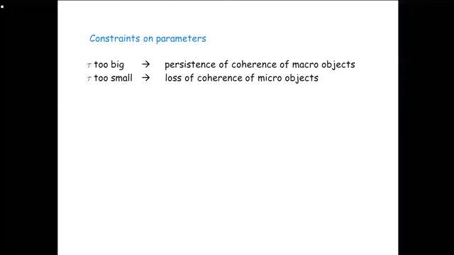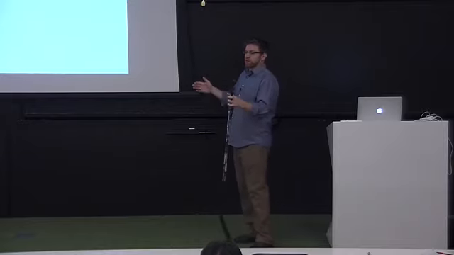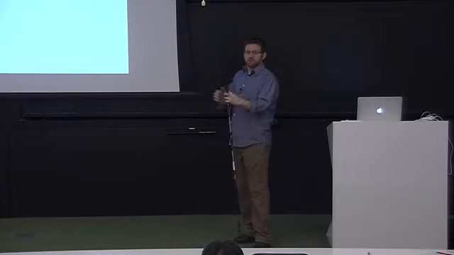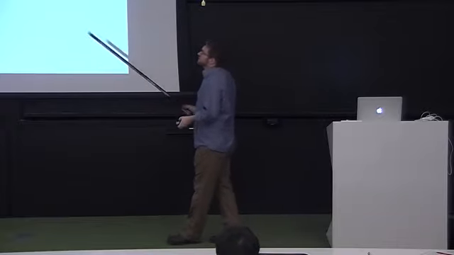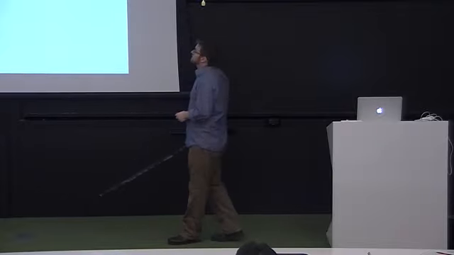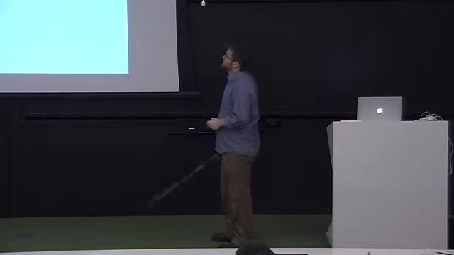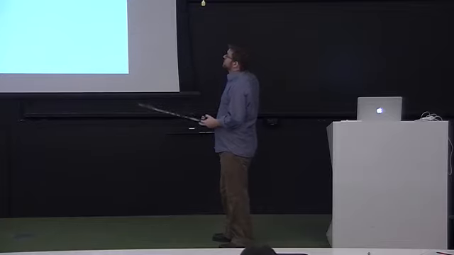I would expect that as soon as I made the interferometer big enough, I would start seeing this kind of decoherence, which I couldn't account for by virtue of my model of the environment of the particle in that experiment. I would have to say, oh, there's some extra decoherence here. And that's not what we see in the lab. So that constrains tau to be somewhere between those two extremes. And this 100 million year figure is chosen to avoid those two situations.